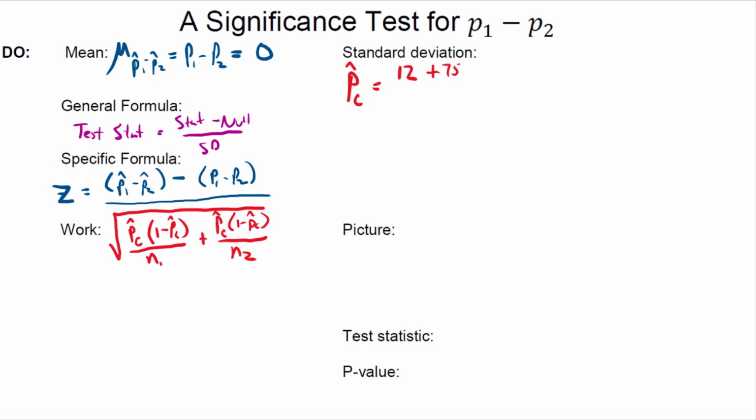All of this is going to be divided by the total of the overall sample sizes. So we took 300 from the STEM and 500 from the non-STEM. That should give us 87 on top over 800, and that will give us 0.109.